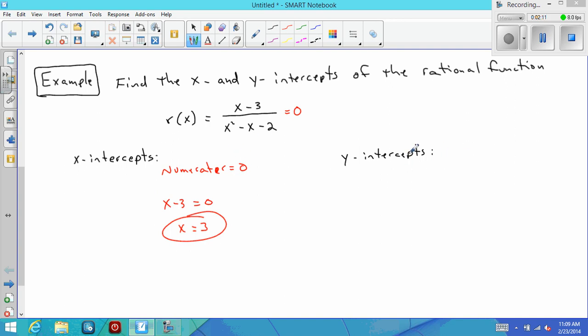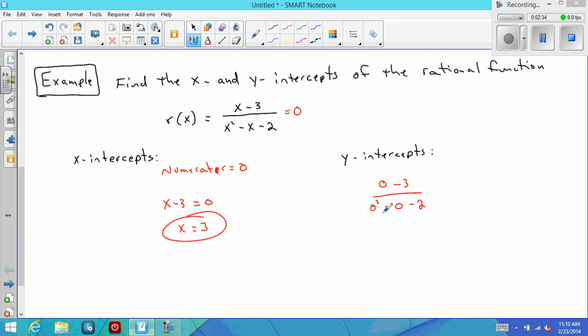For the y-intercepts, that is when you plug in 0 for x. When you plug in 0 to a term involving x, it just becomes 0, because no matter what, when you multiply by 0, you get 0. You can just place a 0 for all of the x terms that you have.